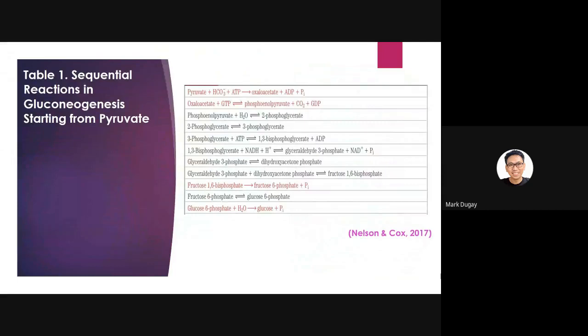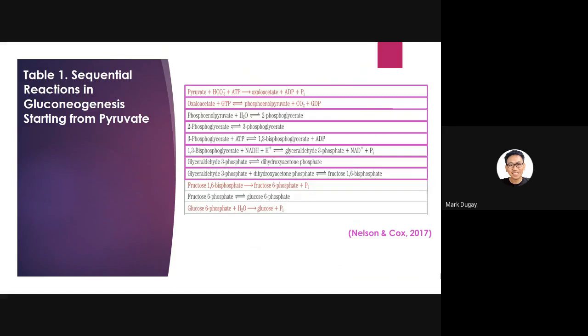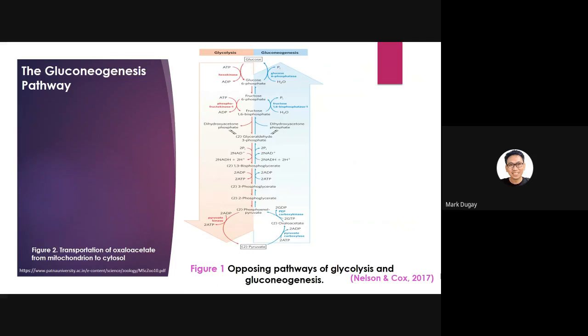Table 1 shows the sequential reactions in gluconeogenesis, starting from pyruvate to glucose. Gluconeogenesis involves non-carbohydrate precursors for glucose biosynthesis and maintains the normal glucose level and energy requirements needed by the body cells, particularly the neurons and erythrocytes.